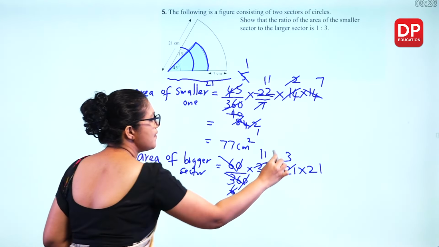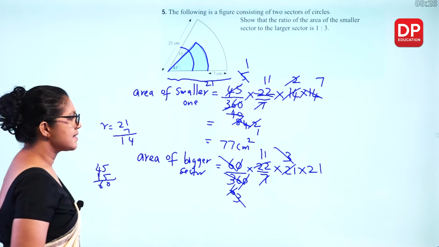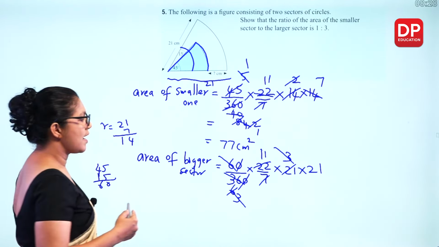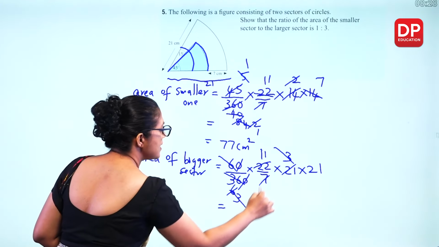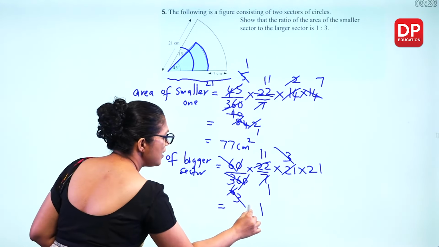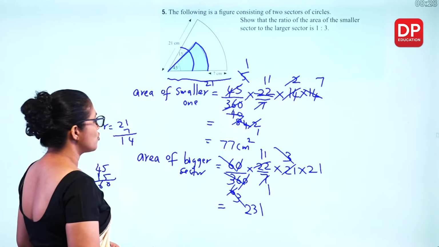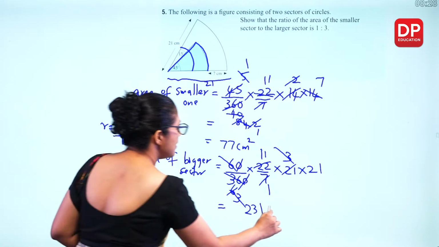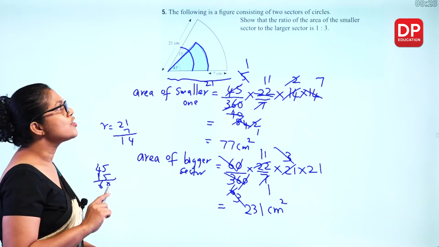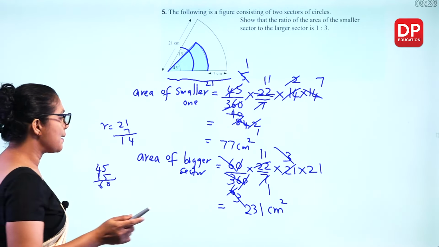And again 3 with this 3, you get cancelled out. And what is the final answer? 11 times 21. So 11 times 1 is 11, 1 remaining. 11 times 2, 22 plus 1, 23. So 231 square centimeters. So now what's the ratio between smaller to bigger?